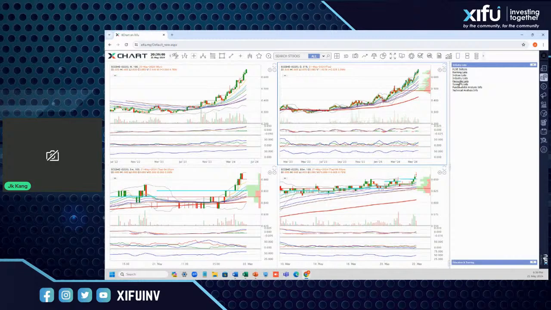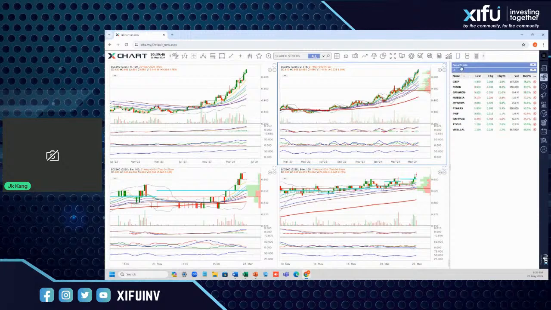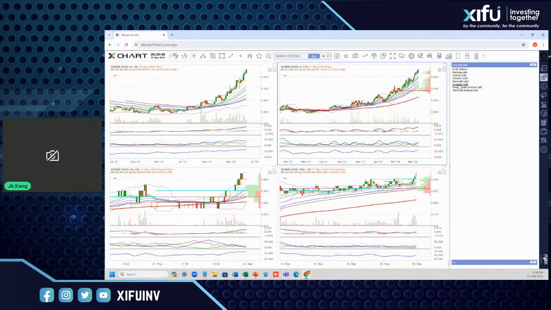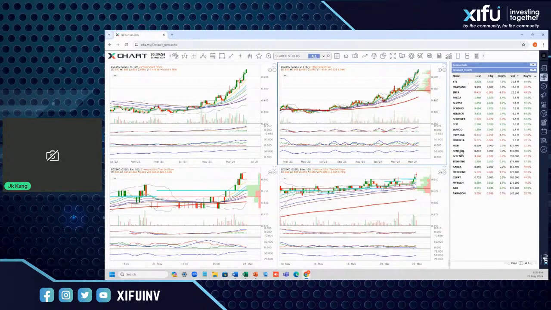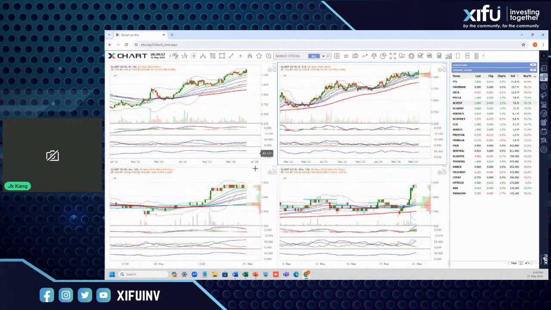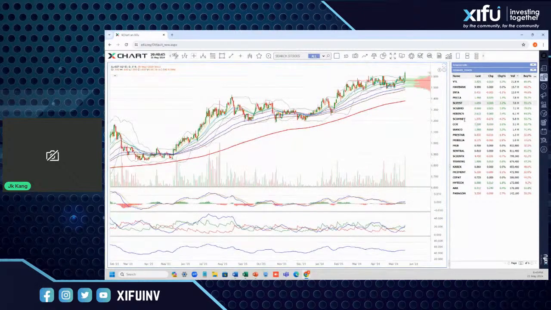Okay, of course, your favorite, whichever that you like. You can always add on to the favorite list, and also the screen result list will be available over here. These are the screen outcome. You can always click the stocks and you will always change immediately over the left of these multiple screens here.